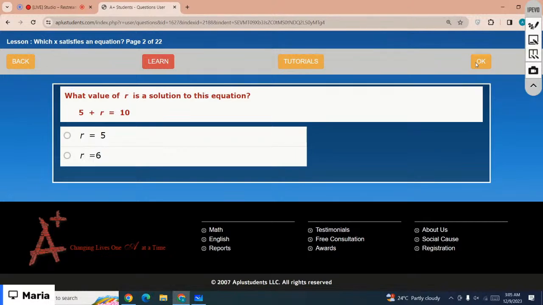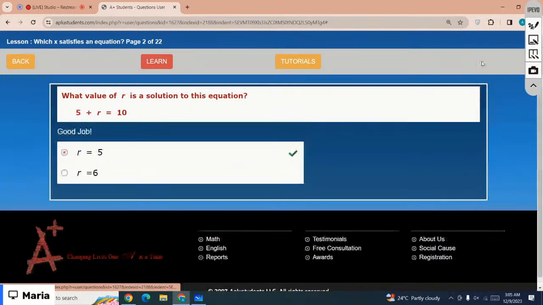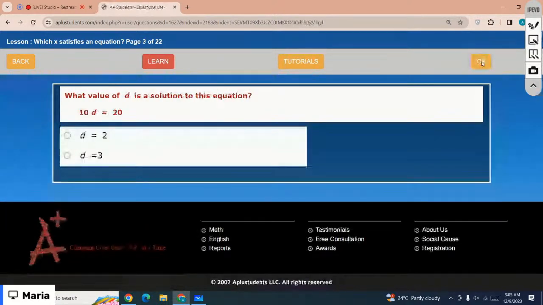The correct option is r equals 5, right? r equals 5 is the solution of the equation. Next, 10d equals 20.